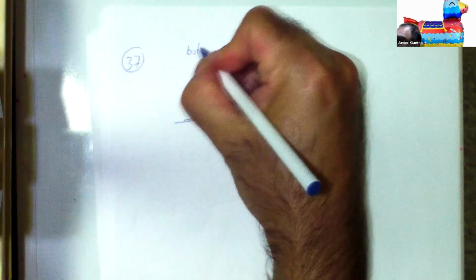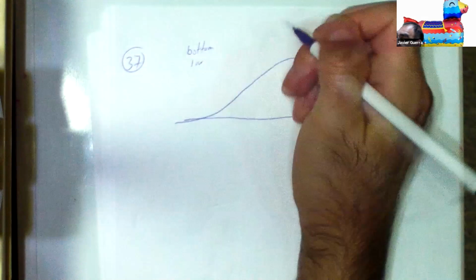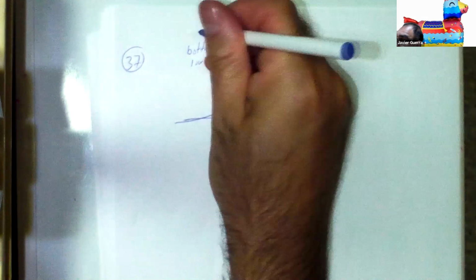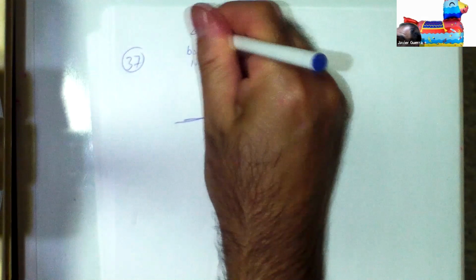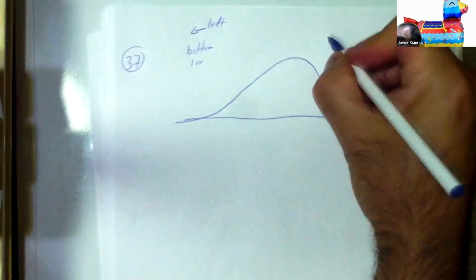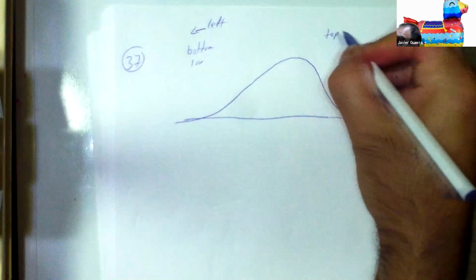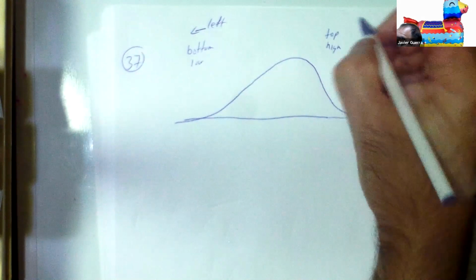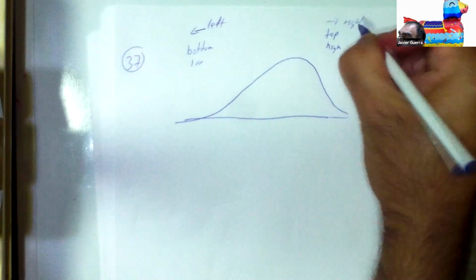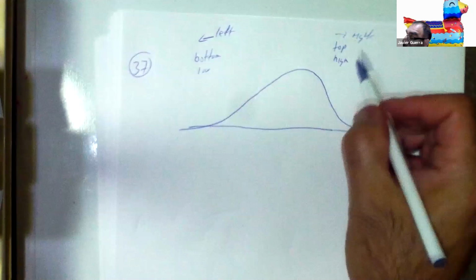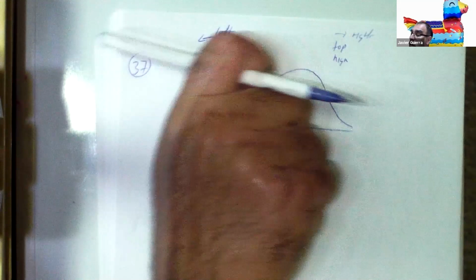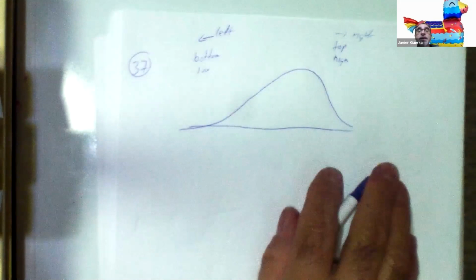If it's bottom or low, it goes on the left side. If it says top or high, it goes on the right. Bottom, low, left. Okay, that's how it works.